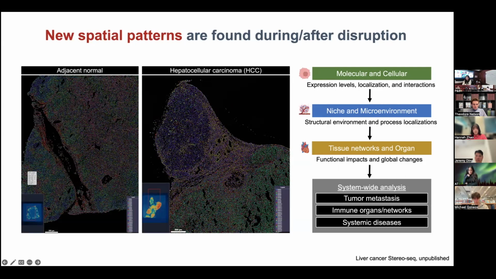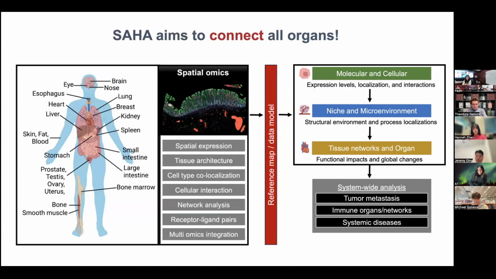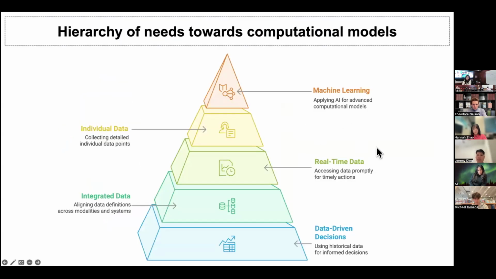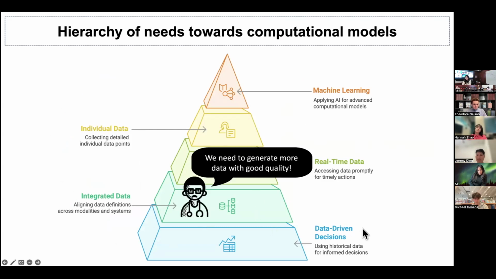I was really passionate about the Saha project, as we can start to connect different systems together and start asking questions around tumor metastasis, immune organ networks, and systemic diseases. These are things that would be possible as we start to do more unbiased spatial omics profiling.